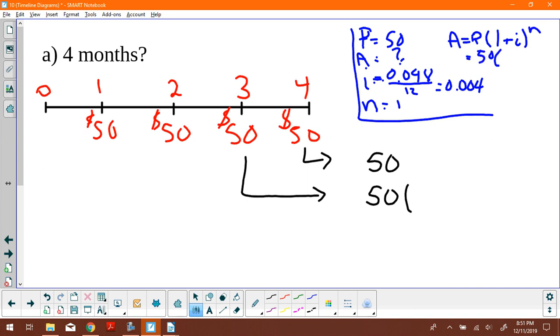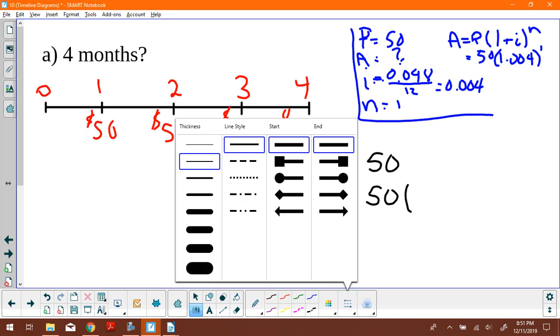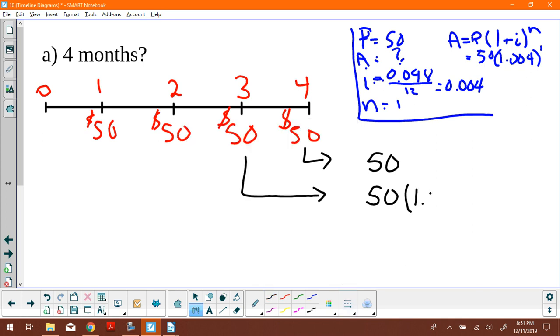So P is 50. 1 plus 0.004 is 1.004, and that's to the power of 1. So for this payment, it's going to be 50 times 1.004, which we can work out in a moment.